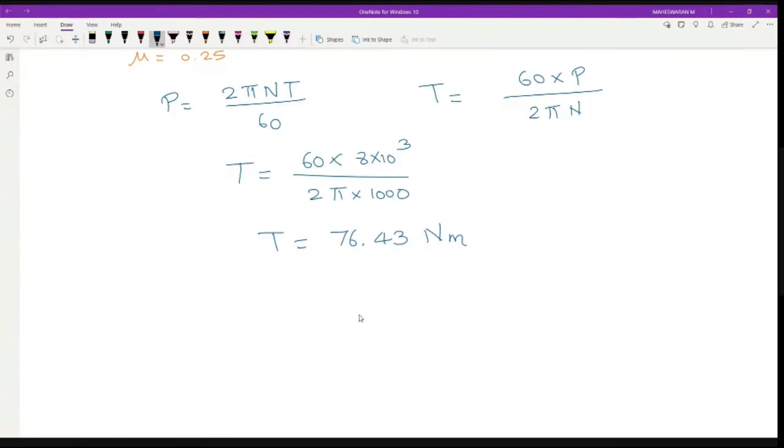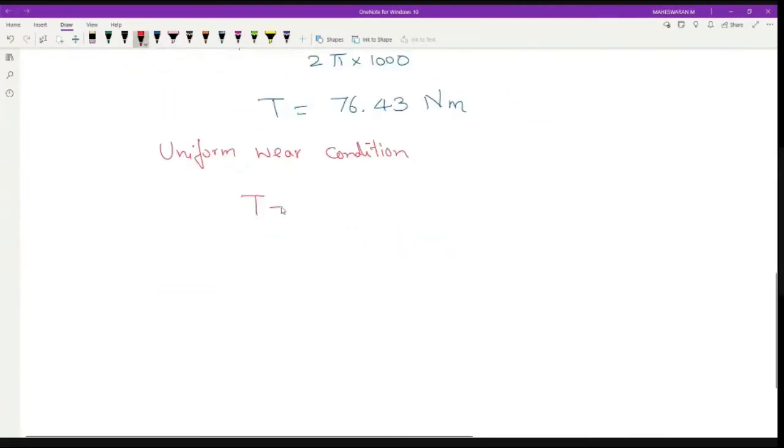Now we identify the formula for this torque. We consider this as uniform wear condition. Torque T is mu W Rm. Rm is nothing but R1 plus R2 divided by 2 in this particular condition.